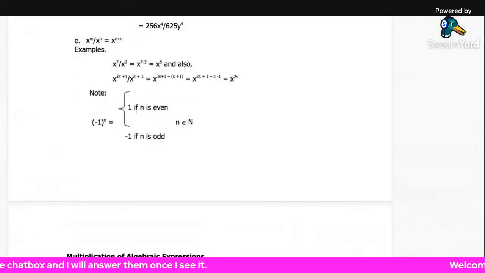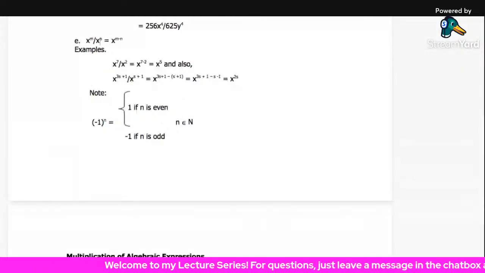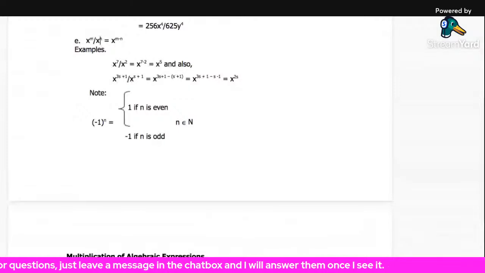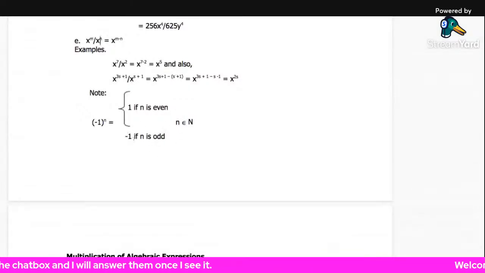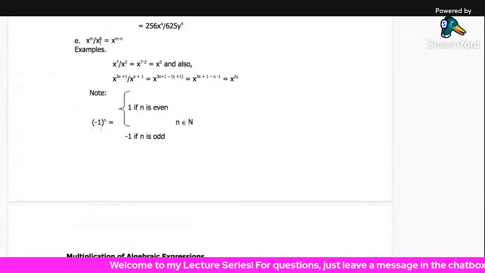Because if it's odd, let's say 3, negative 1 times negative 1 times negative 1 will give you negative 1. If the exponent is 5, negative 1 times negative 1 times negative 1 times negative 1 times negative 1 is negative 1. So if the exponent is odd, then the answer for negative 1 raised to n is always negative 1. If n is even, then negative 1 raised to n will always be positive 1.